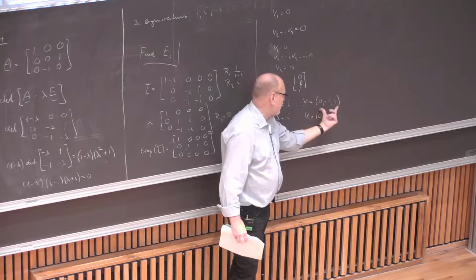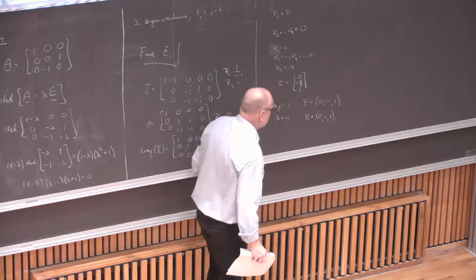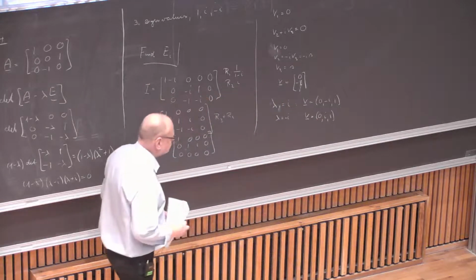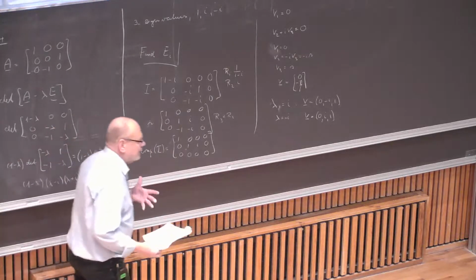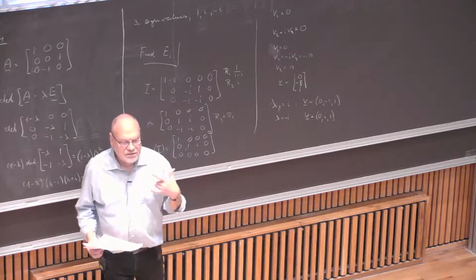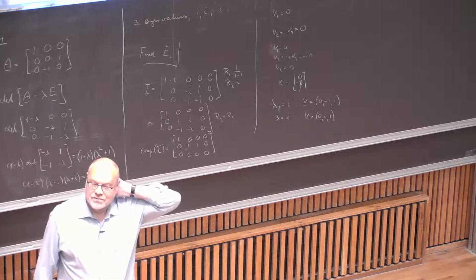So if you have an eigenvector here, then the complex conjugate of this eigenvector is also a solution. But again, you know that you have 3 different eigenvalues.